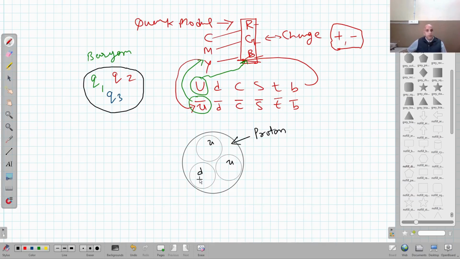These are 3 different quarks. Now we know very well they will be of this color, this color, and this color, right?